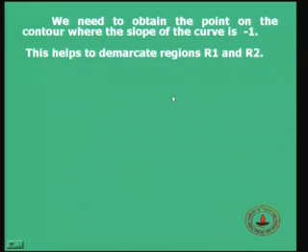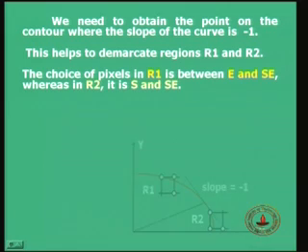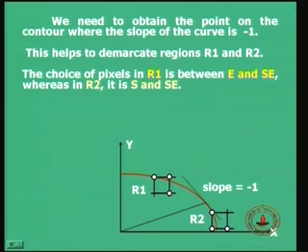Okay. So once we are able to get this point, this helps to demarcate regions R1 and R2, that also we know. And the choice of the pixels, as informed before and as given here in the figure at the bottom, in region R1, that is from the y-axis to this point which splits the curve into 2 different regions, is between east and southeast pixels, whereas in region R2 it is between south and southeast pixels.